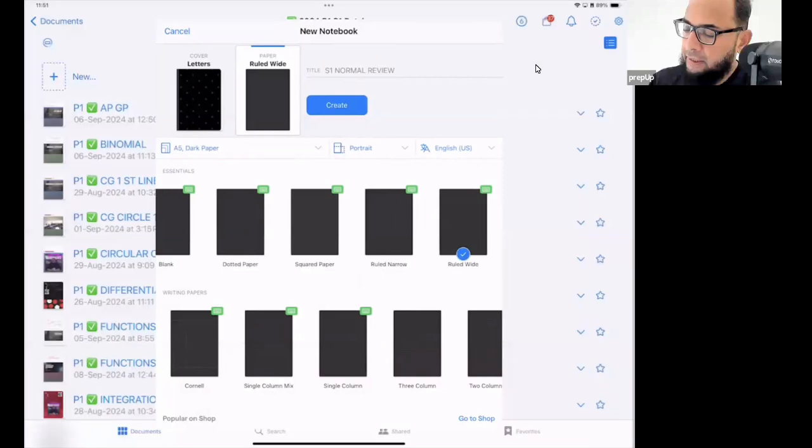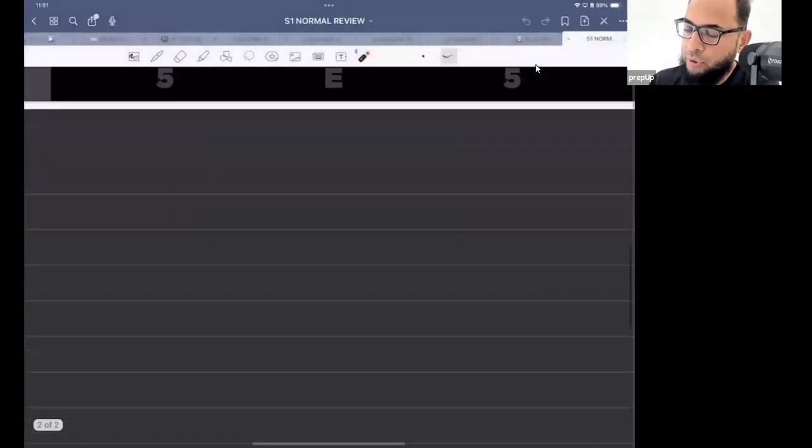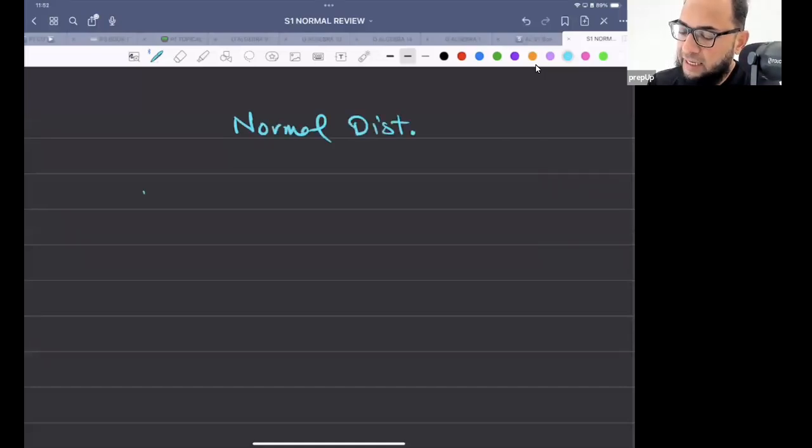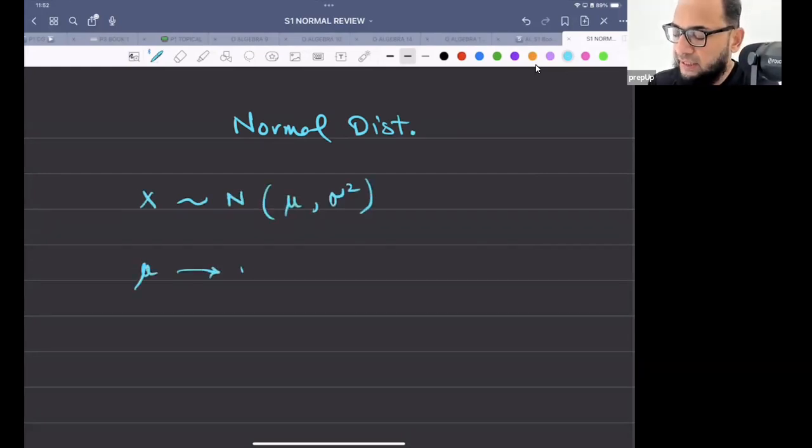Okay. So now over here, what I'm focusing on is this, that if we talk about normal distribution, we know that X follows a normal distribution mu comma sigma square. What is mu? That is the mean. What is sigma square? That is the variance. Square root of variance is standard deviation.